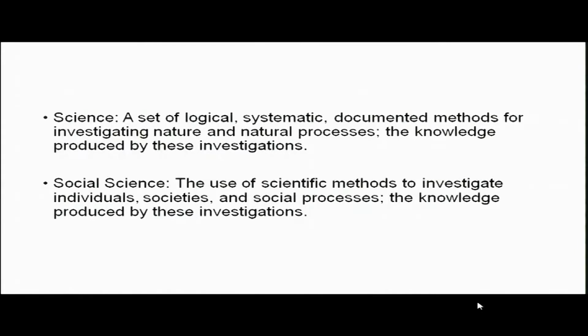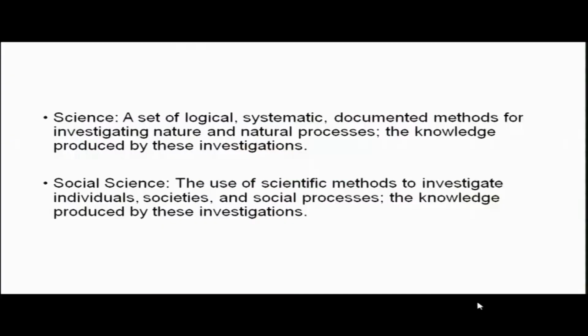So to start with, an understanding of what disciplines in science and in social science share and where they are dissimilar to each other. If we take some standard definitions, we see that science is a set of logical, systematic, documented methods for investigating nature and natural processes, and the knowledge produced by these investigations.